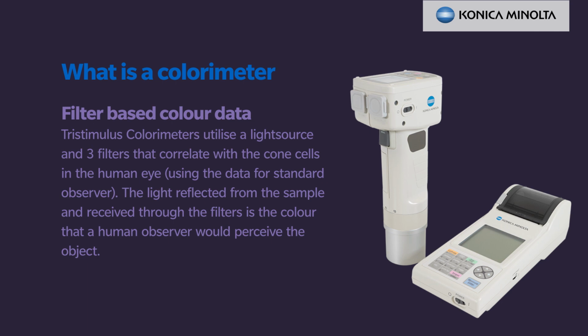The reflected light received through the filters is the colour that a human observer would perceive the object through the red, green and blue sensitive cone cells of the human eye. Behind each of the filters is a dedicated sensor capturing the amount of light passing through. So, internally a colorimeter will have 3 different signals for a single measurement, one for the amount of red light, one for green and one for blue.